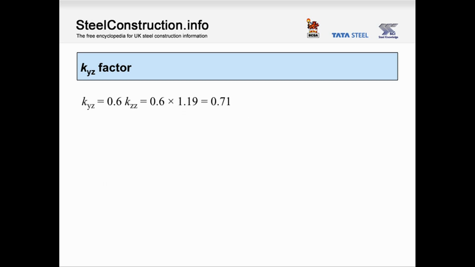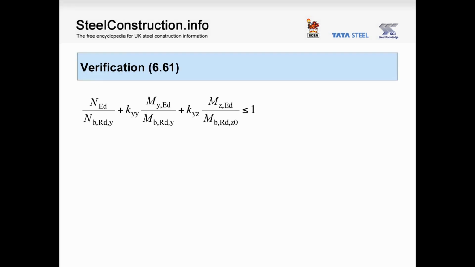And finally, the fourth factor, kyz, is 0.6 times kzz, a very easy calculation, and we compute that to be 0.71.